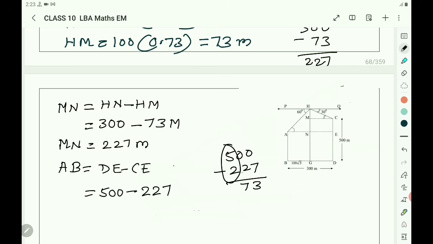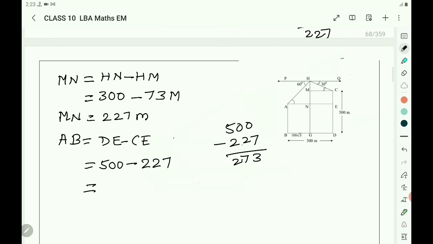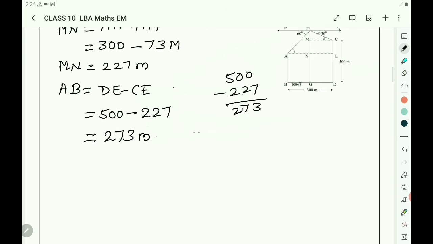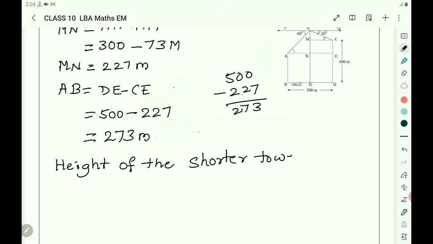Then 4 minus 2, 2. You got 273 meter. That is the height of the shorter tower. Then you write height of the shorter tower equals 273 meter.